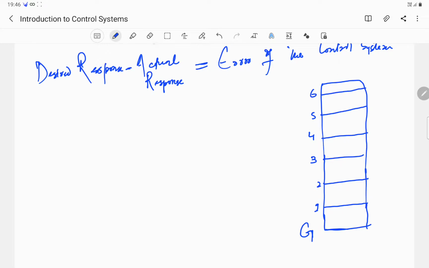So we have a multi-story building having multiple stories. Say for example, we intend to move from the ground floor to the fifth floor. We have this as the lift or an elevator. Let's assume this is the lift or the elevator.